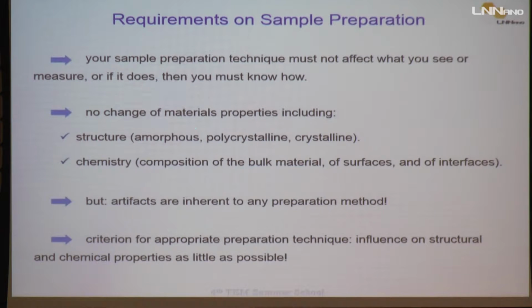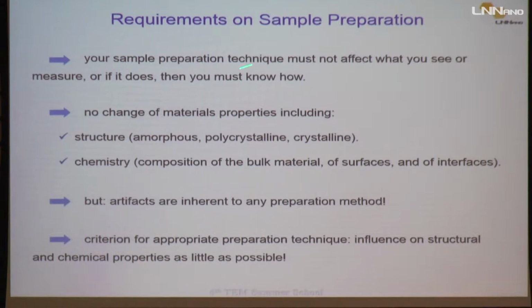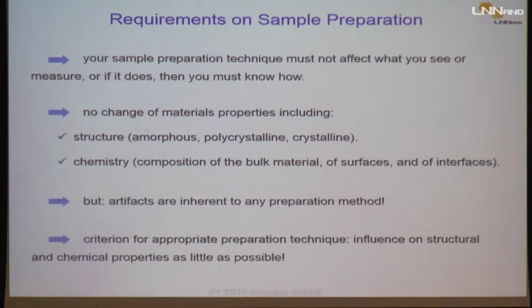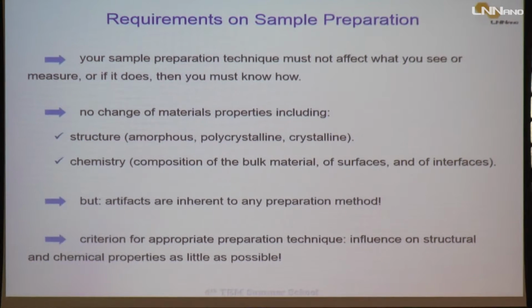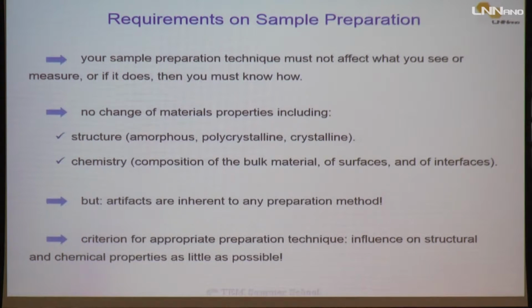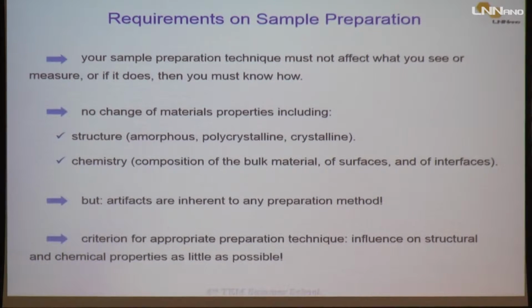And it's very important that when you choose your sample preparation method, you know in which way you are affecting the structure of your material. It's very, very important. We must not change the material properties, like the structure. The material may be amorphous, polycrystalline, or crystalline.